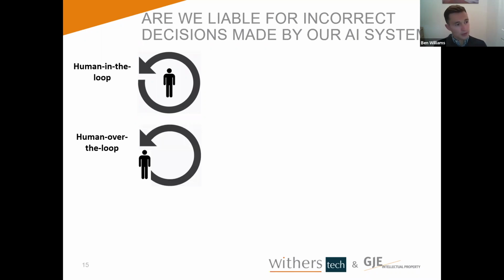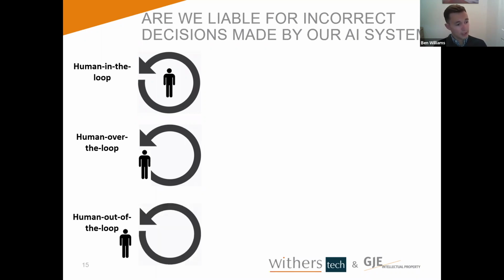Human over-the-loop system, this is number 2. This is where you have an artificial intelligence system which is making decisions. Those decisions are processed by a computer system until such point as the artificial intelligence system reaches an impasse or an unexpected scenario, at which point it's passed to the human end user, whose role is that of a monitor or supervisory capacity.